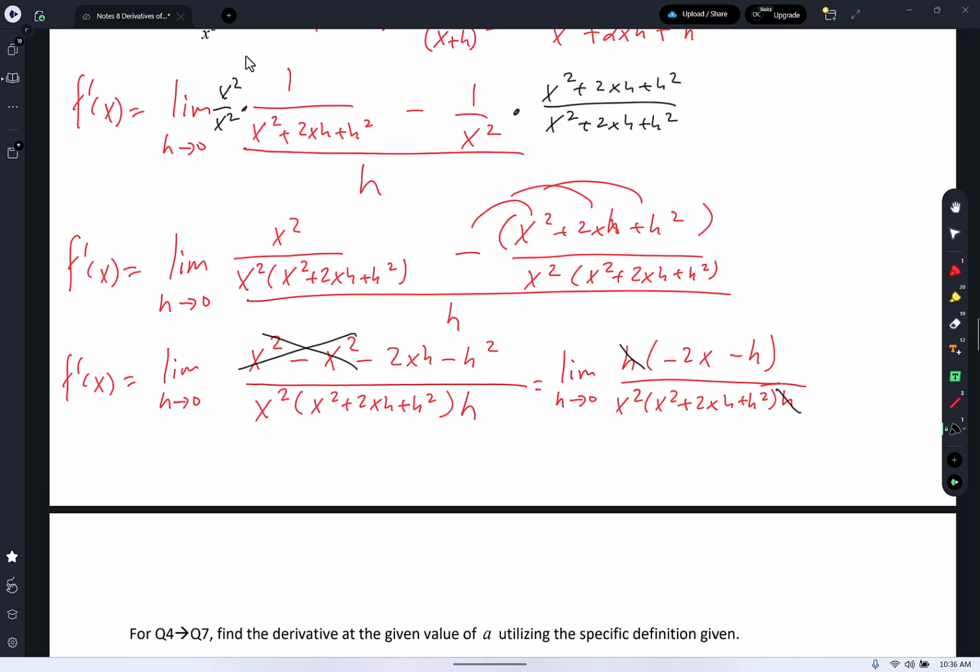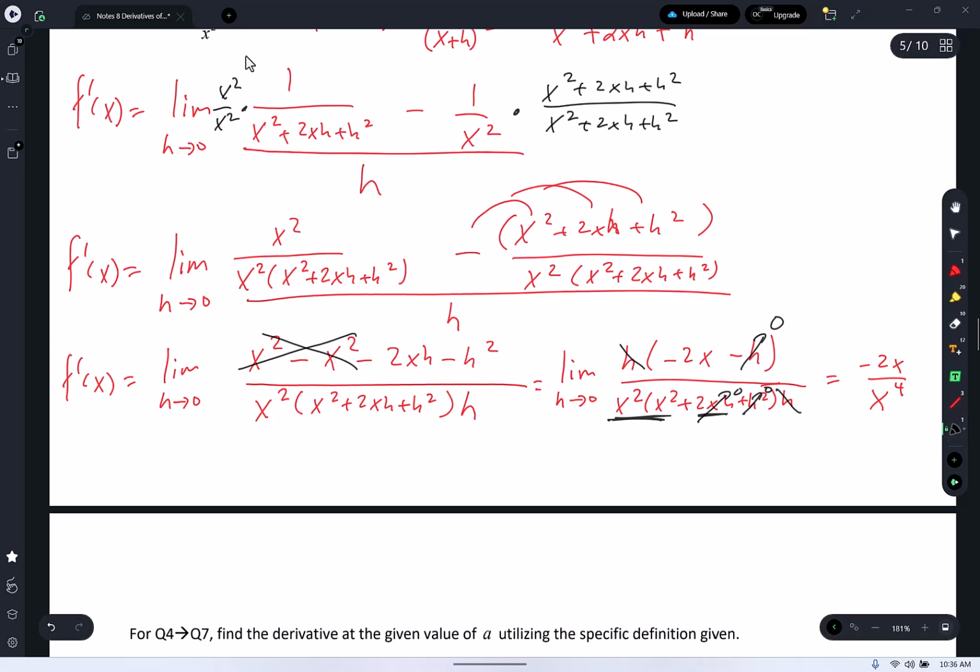It's h that's approaching 0. So this guy is approaching 0. I have an h right here. That approaches 0. And this approaches 0. So all I have is x squared times x squared. What's that? x to the 4th. And I'm almost done. You could leave it alone. But can you simplify that?